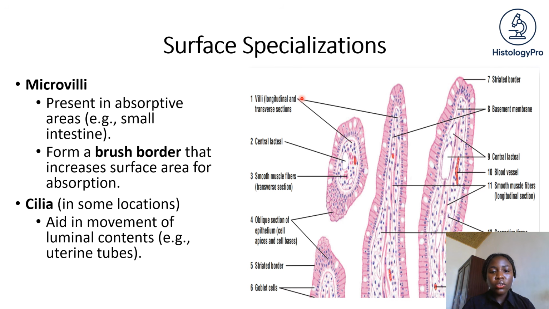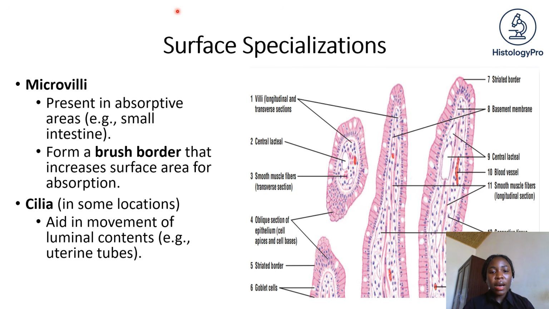Now looking at the surface specialization of simple columnar epithelium. The microvilli form a brush border, or what we call a striated border, at the apical surface. It helps to increase surface area for absorption. Microvilli are present in both the small intestine and large intestine. It's just that in the small intestine, the microvilli are numerous and long, forming a well-developed brush border, or striated border.